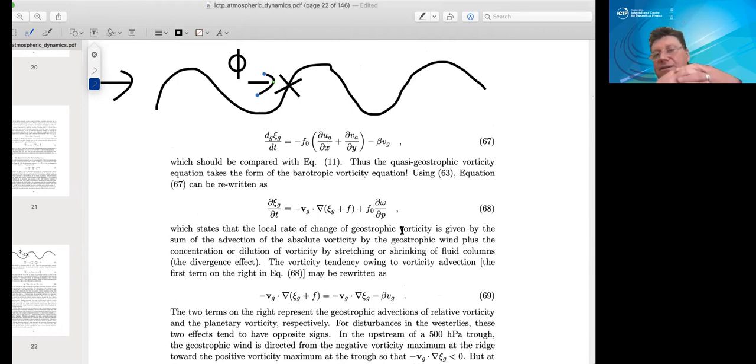And when they do exactly cancel each other, then we have the stationary case. Then the Rossby wave is stationary, doesn't propagate, because there's no tendency for vorticity anywhere in that case. If these two terms exactly cancel each other, and this term is zero, because we consider cases where waves do not grow or decay, then stationary waves are characterized by the compensation of these two advection terms.